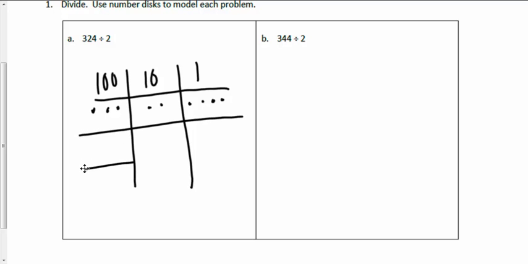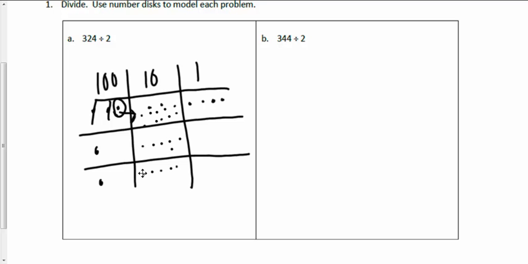If you feel like you can do this all by yourself, go ahead and do this by yourself. I'm going to divide them into 2 groups. And I have 100 left over. I'm going to decompose that into 10 tens. So I've got 1, 2, 3, 4, 5, 6, 7, 8, 9, 10. That gives me 12 tens. 12 divided by 2 is 6.